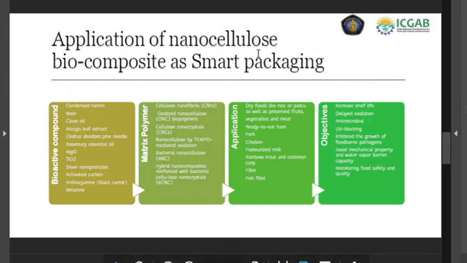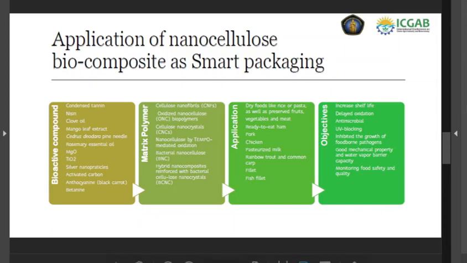The application of the nanocellulose biocomposite as smart packaging. To conclude the application of nanocellulose in smart packaging, the list of applications of nanocellulose to improve novel functional properties is shown in this slide.